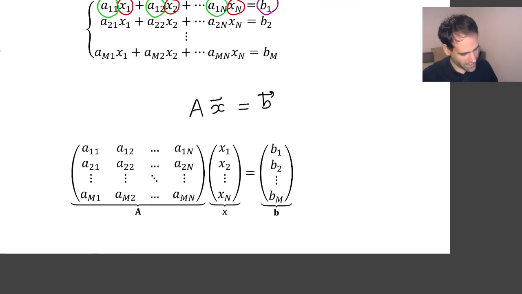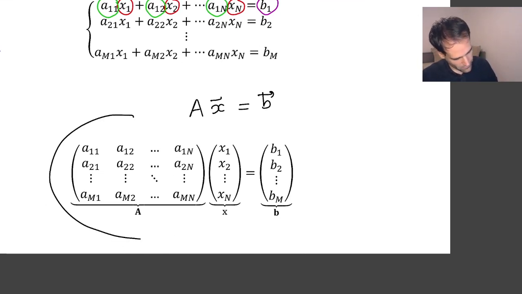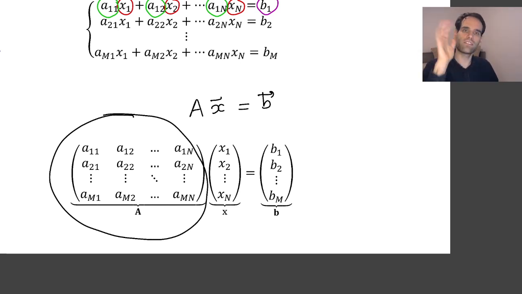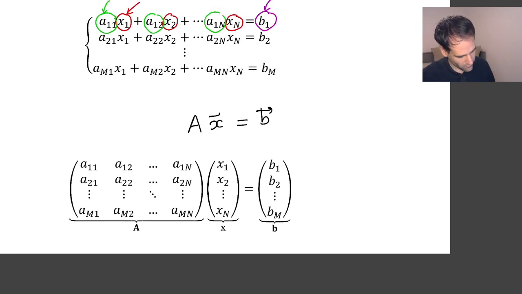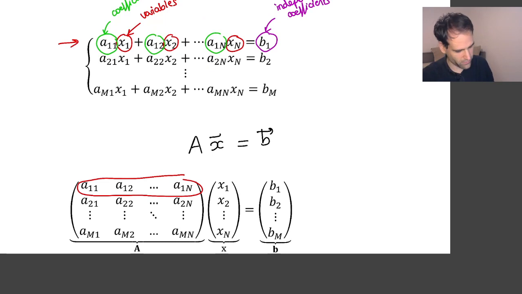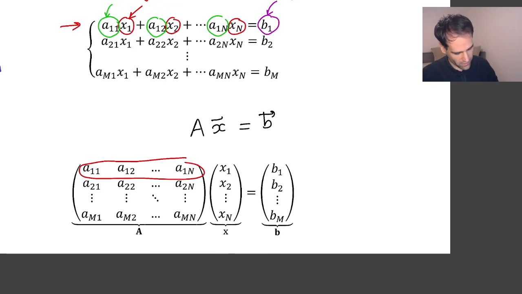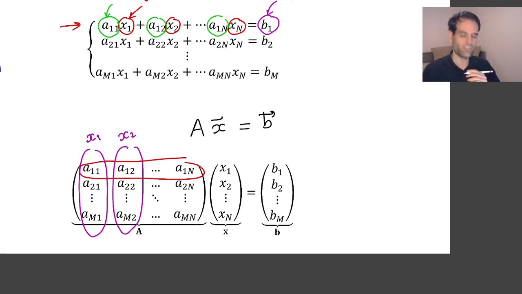Well, matrix A basically has all of the coefficients arranged in rows and columns. Each of the rows corresponds to a different equation, so the first row would have the coefficients of the first equation. Each of the columns corresponds to a variable: the first column would be the coefficients for x1, the second column the coefficients for x2, and so on.